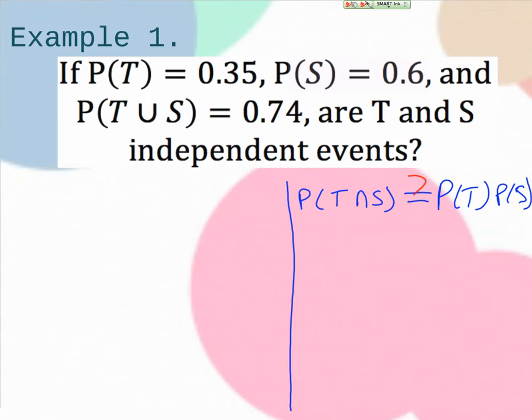But like we don't know that they're equal. That's the thing. We don't know they're equal. We want to see if they are equal. So we have to check that out.